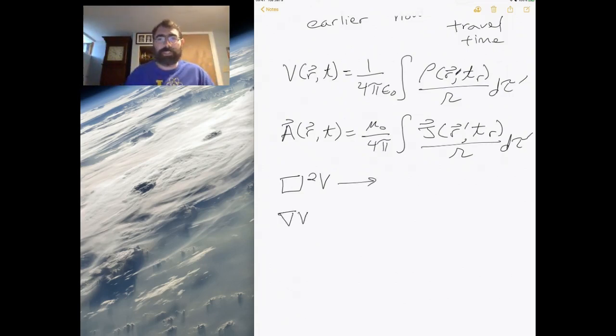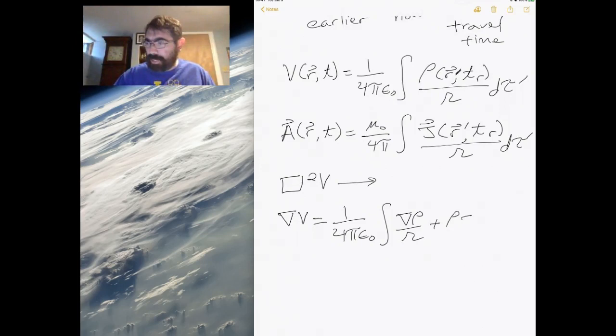So I'll take the gradient of the potential, which would be 1 over 4 pi epsilon naught. And using the chain rule, I get the gradient of the charge distribution over script r plus the charge distribution times the gradient of 1 over script r, integrating over the total volume.